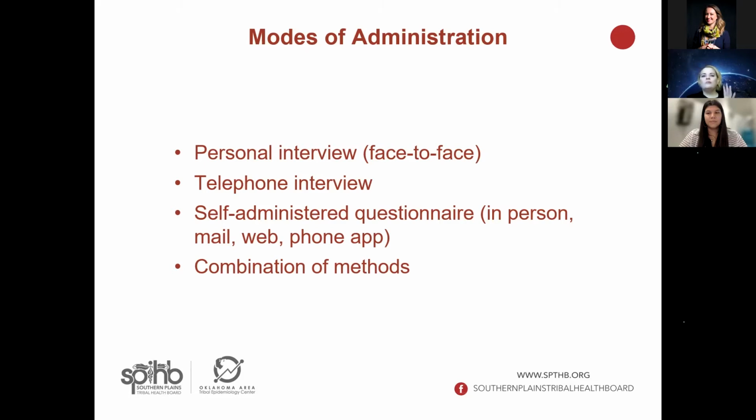You can also combine different modes of administration. You can do some face-to-face, and some you can telephone sample. I know Nesta, I believe a long time ago, I don't know if they still sample this way, used to go out in the field and do face-to-face interviews, and then they'd also do some other ways of sampling with their data or administering their survey.